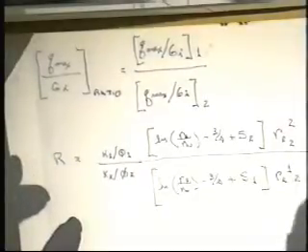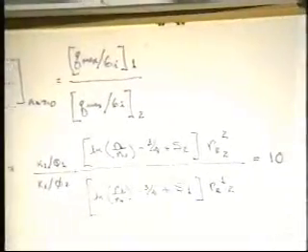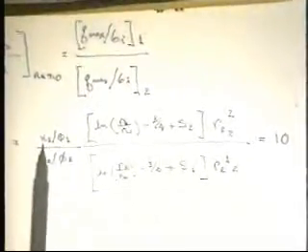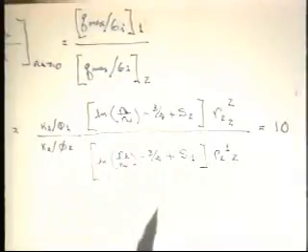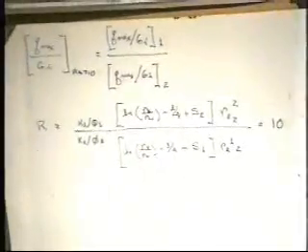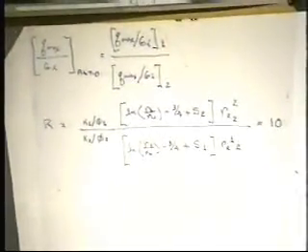Let's look at the problem where we're going to set this equal to 10. Let's assume for simplicity that the perms are equal, the porosities are equal, the skins are equal. I can get there by a volume ratio other than a permeability ratio.